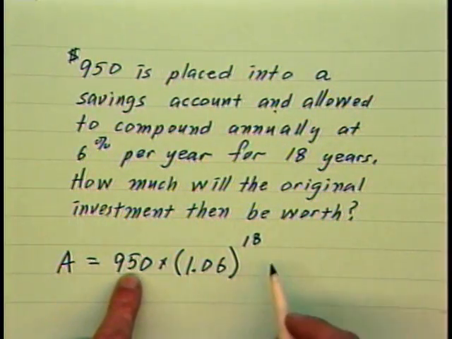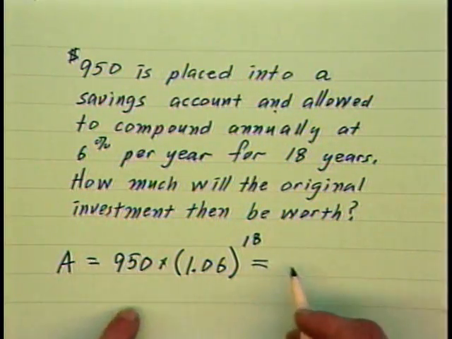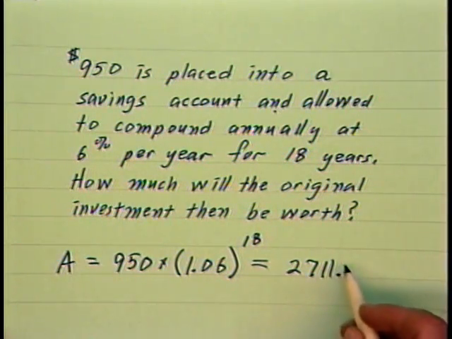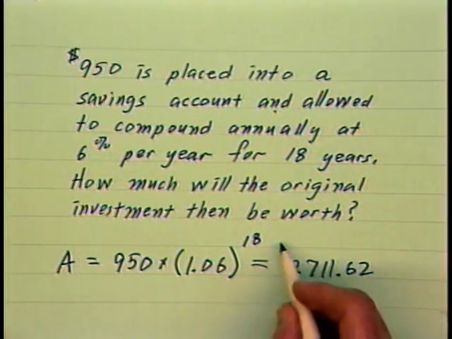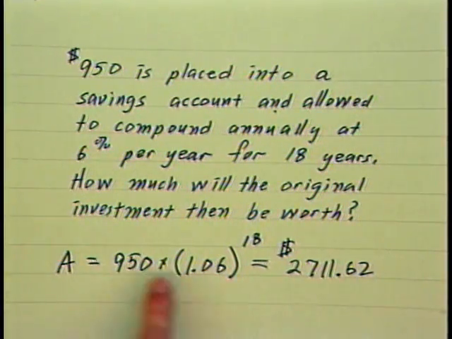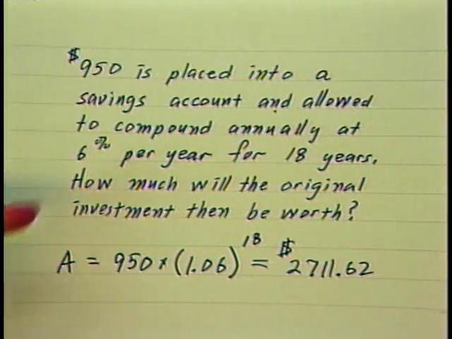That's a lot of work. But if we were to do that, we would find it would be $2,711.62. It's what that $950 would grow to in 18 years working under these conditions.